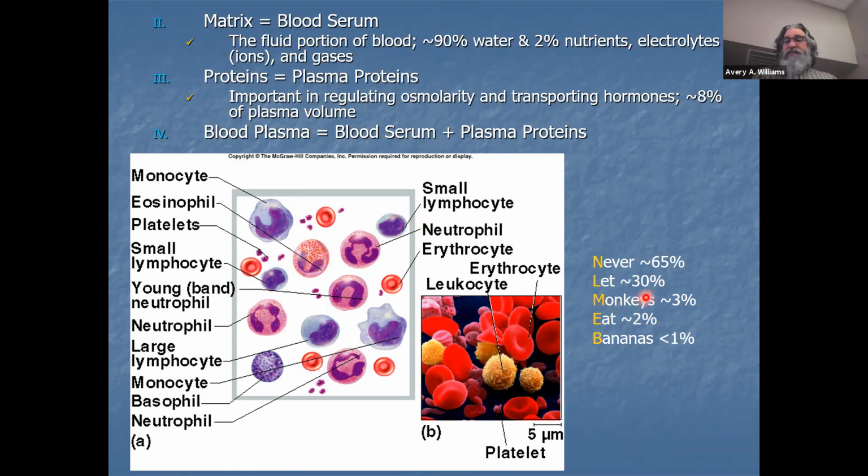So that's 95% of all white blood cells. The remaining 5% is divvied up between monocytes, eosinophils, and basophils. So like less than 3% or so are monocytes, and the eosinophils about 2%. Basophils are the rarest. Less than 1% of white blood cells would be a basophil.